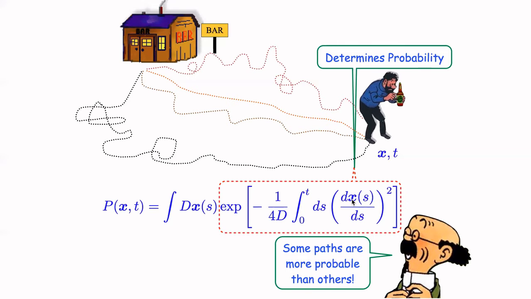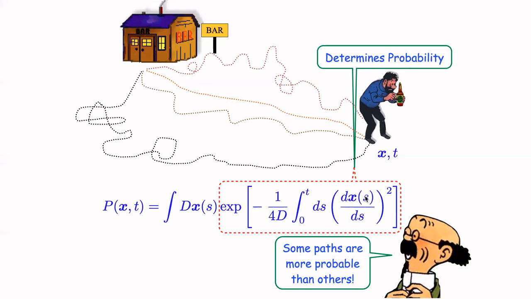You take a particular path, which you denote as x of s. x of s actually describes the whole path. s is time. So as s changes, the position of the random walker is changing. So what you have to do is take the derivative of the position of the random walker with time.